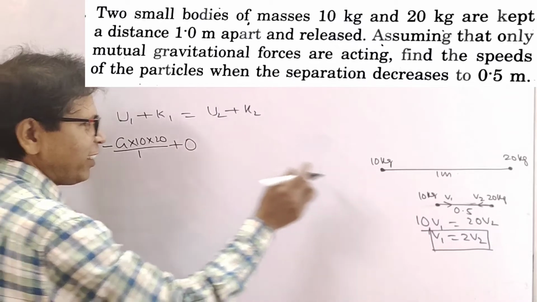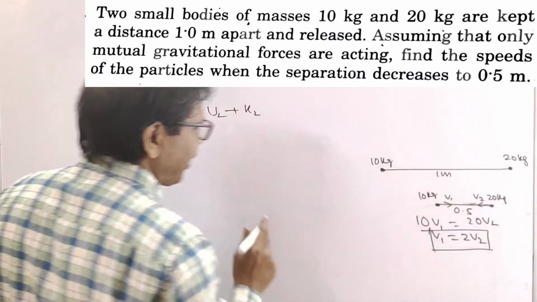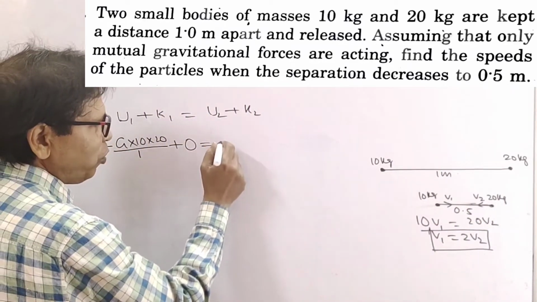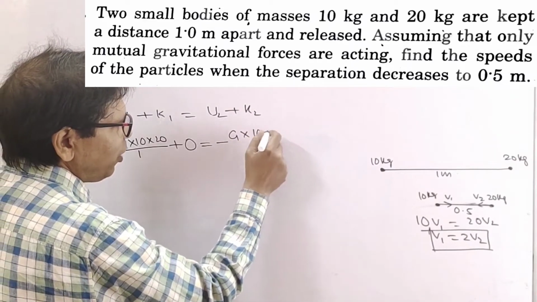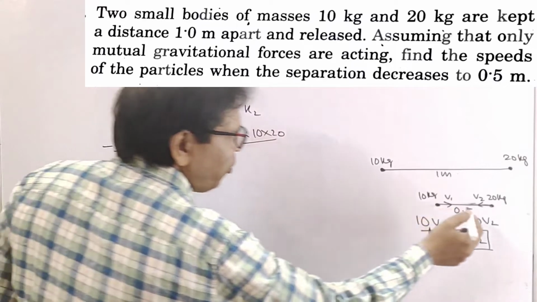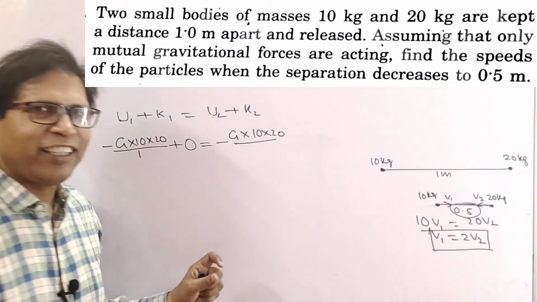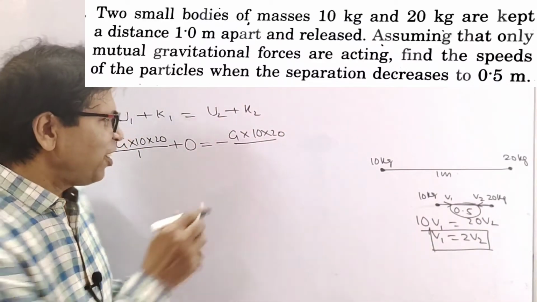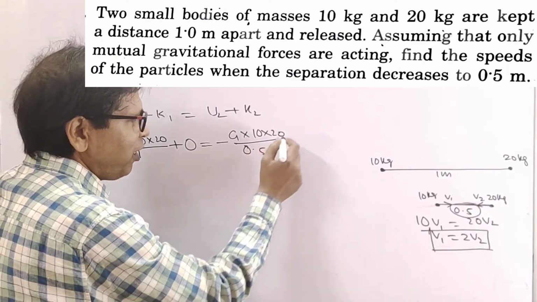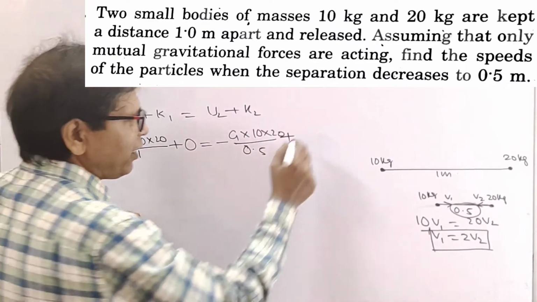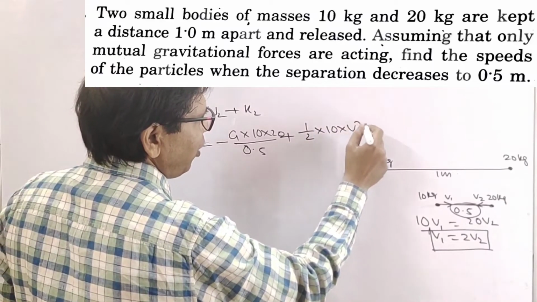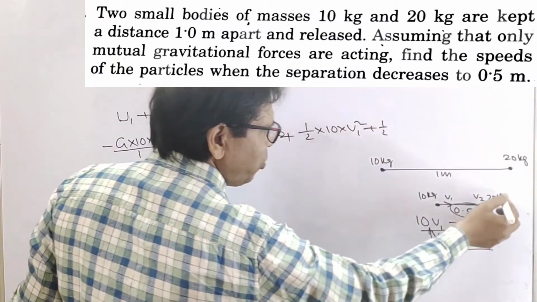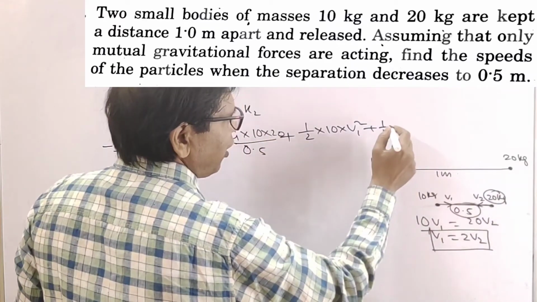Now what is the kinetic energy? Look at this, they are stationary, so kinetic energy is 0. Now look at U2, this is minus G into 10 into 20, and 0.5 meter is their distance of separation. Now kinetic energy: this is half into 10 into V1 square plus half into 20 into V2 square.